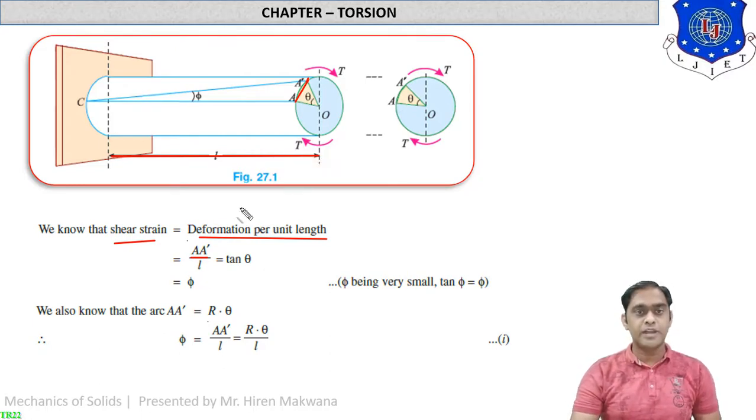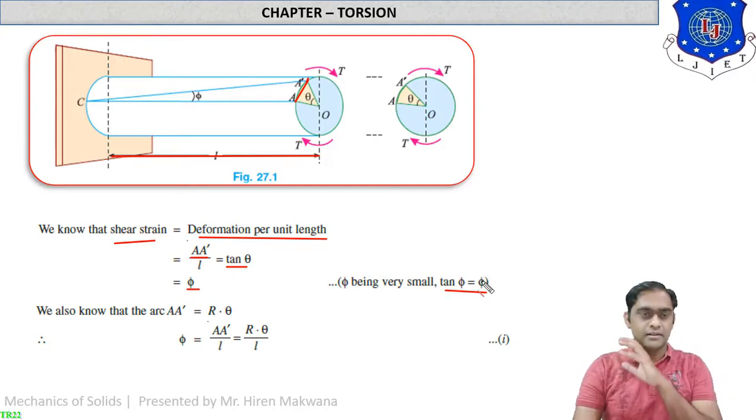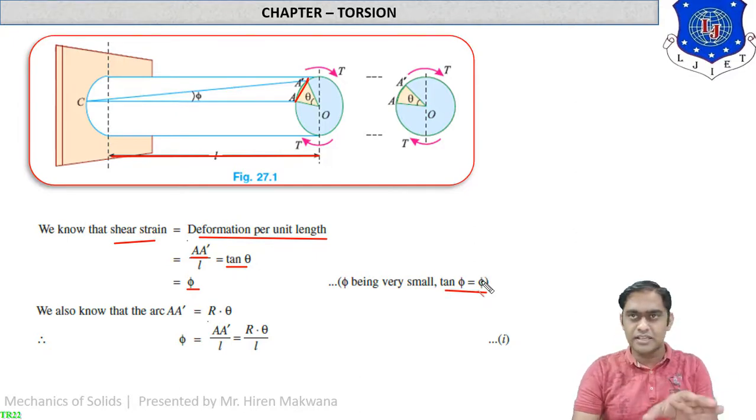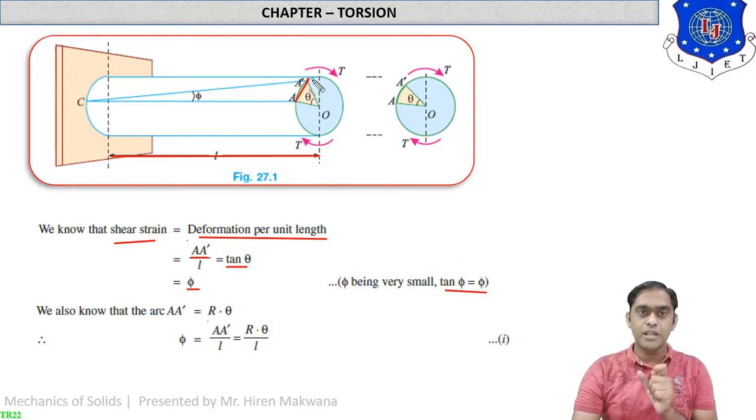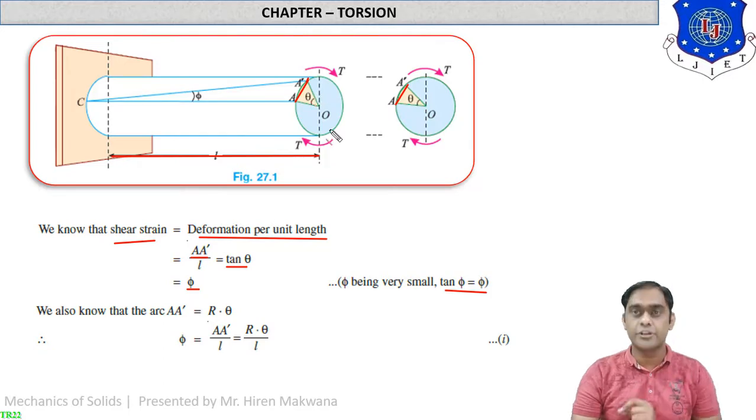So AA dash upon L, from the figure, is also known as tan phi, and for small values tan phi is equal to phi. Just remember that. What is AA dash? AA dash is the arc actually.